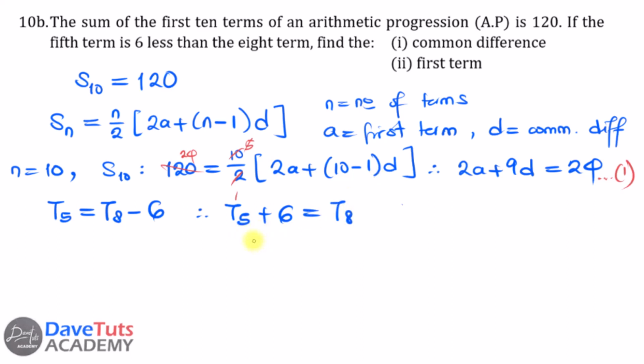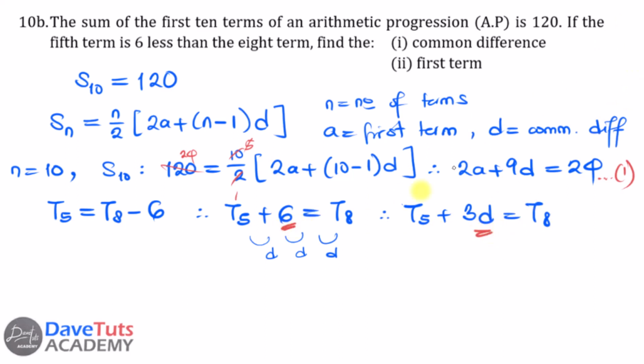From t5 to t6, that is 1d. t6 to t7, that is another d. t7 to t8, that is another d. So we can say t5 plus 3d is equal to t8.